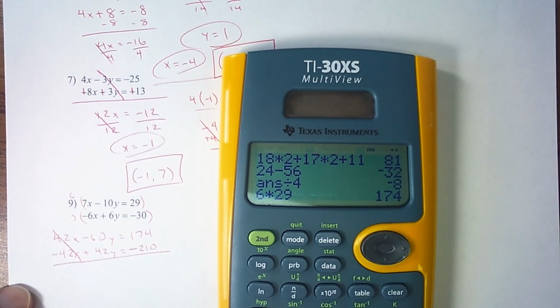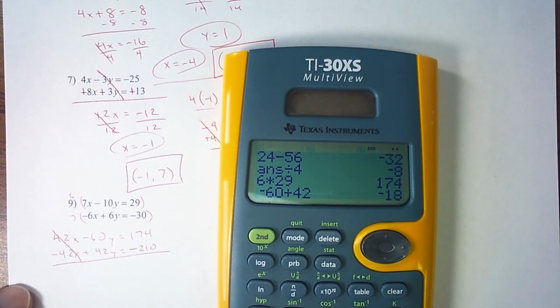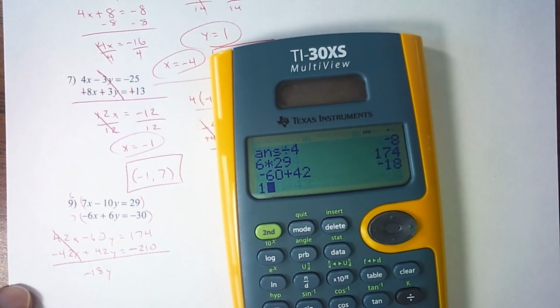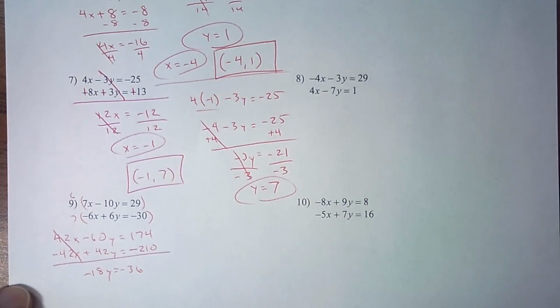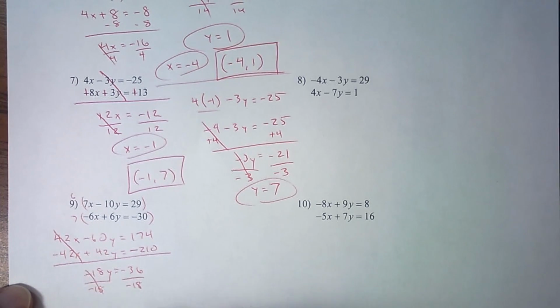Okay, so if you want to use your calculator, sometimes using negative numbers when you're adding gets a little tricky. So negative 60 plus 42 is negative 18. So negative 18y. And then 174 minus 210 is negative 36. And now it looks like our numbers aren't going to be so bad. We're going to divide by negative 18 and get y equals positive 2.